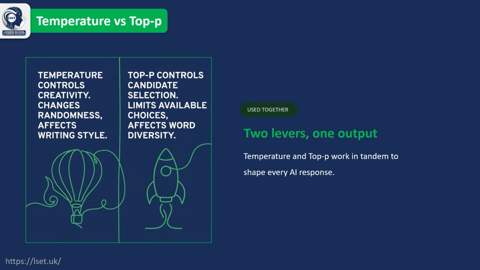Think of temperature as controlling the AI's creativity, while top P controls its available choices. When used together, these two parameters help shape every AI response, allowing you to achieve the right balance between accuracy, consistency, and creativity based on your specific task.